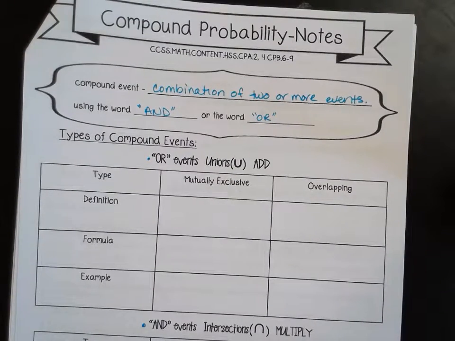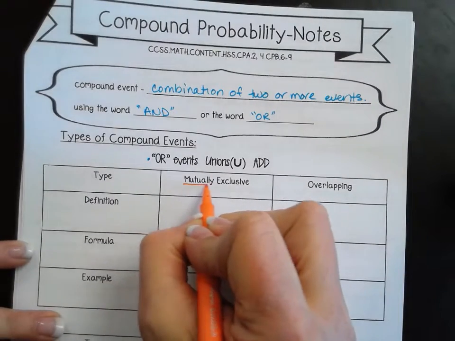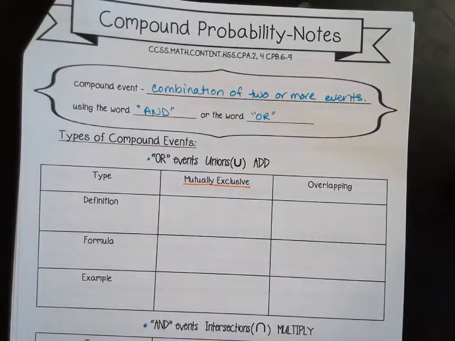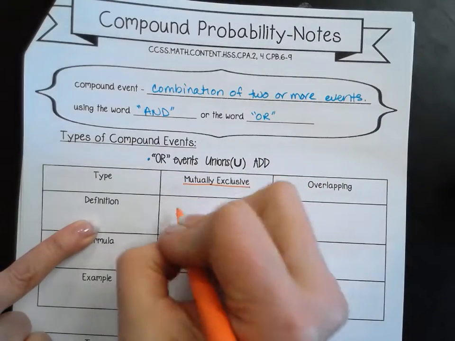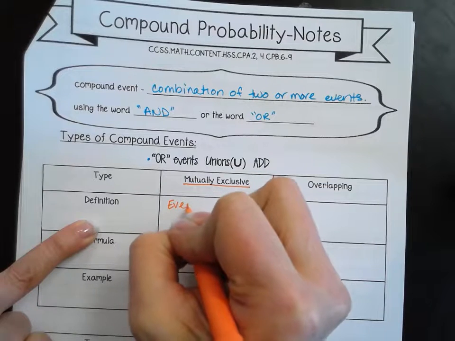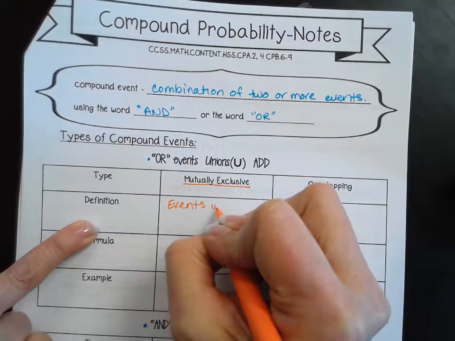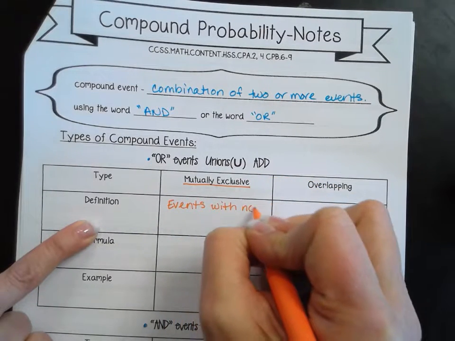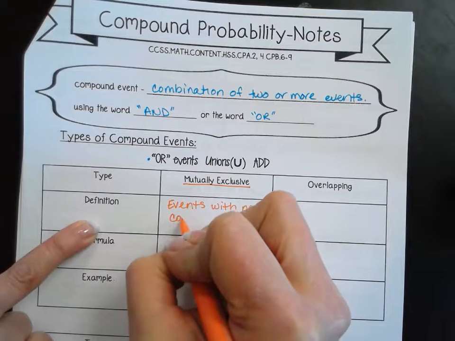Okay, there are two kinds of events for each of those that you have to classify. You have mutually exclusive. Okay, and what that means is events with no common outcome.